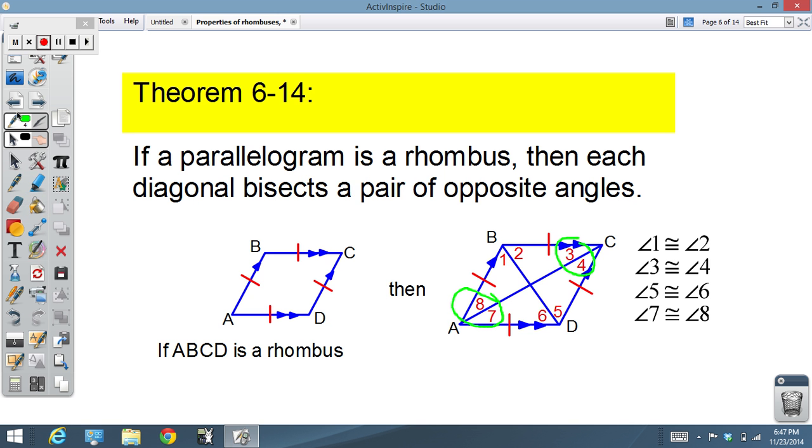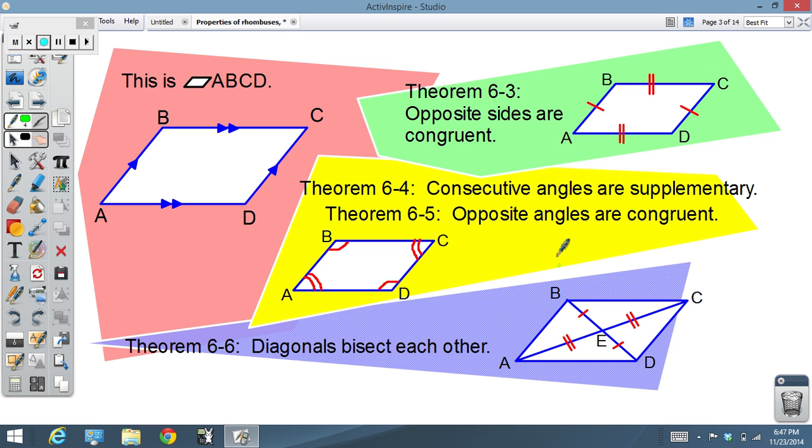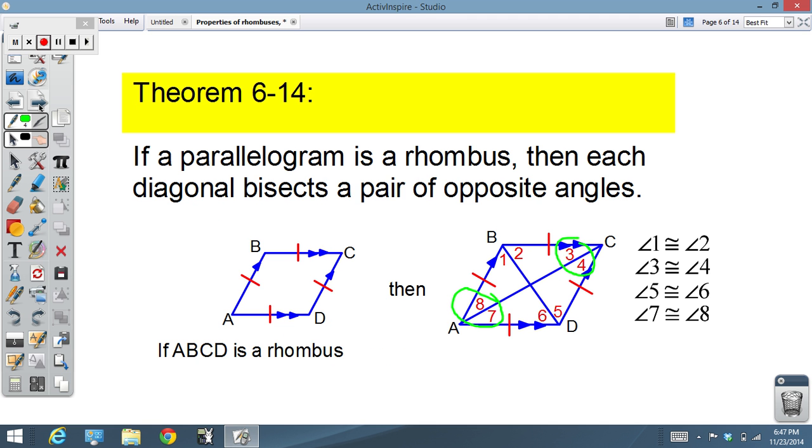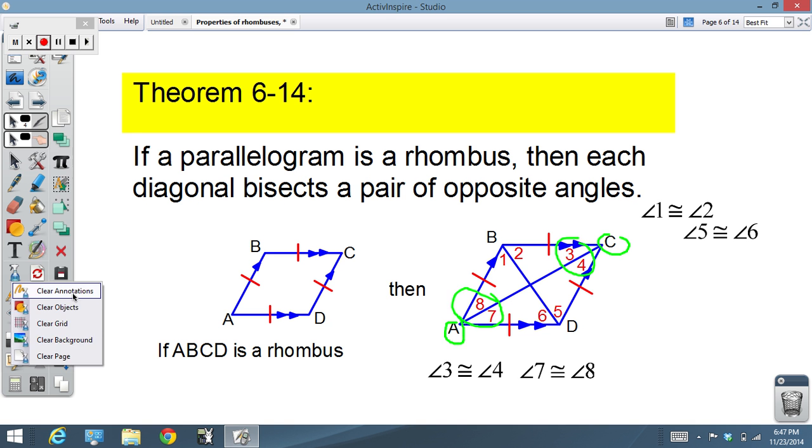And since opposite angles are congruent, if we knew C was congruent to A, and they're both bisected, then 3 and 4 must be congruent to 7 and 8, and same argument over here, all 4 of these must be congruent.